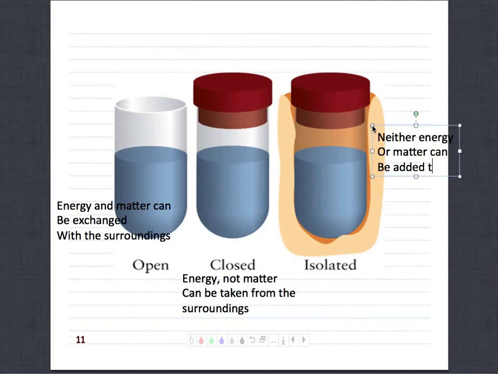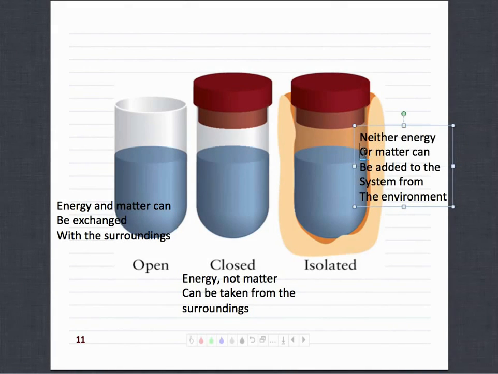So a closed system is a system that can exchange energy, but not material or matter.